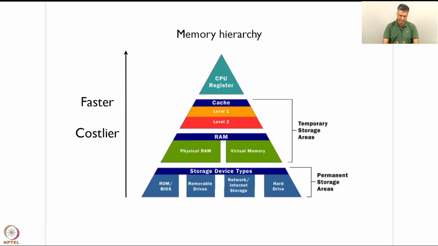By virtue of being slightly away, you're able to store larger amounts of data. So level 1 caches will usually be some multiples of the CPU register in size. Level 2, which is even further away from level 1 caches, will be larger.